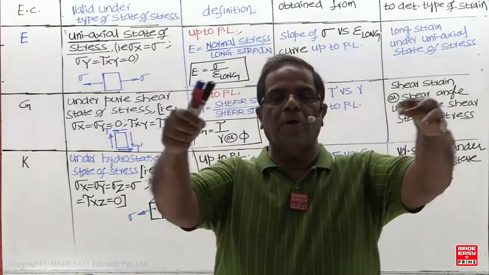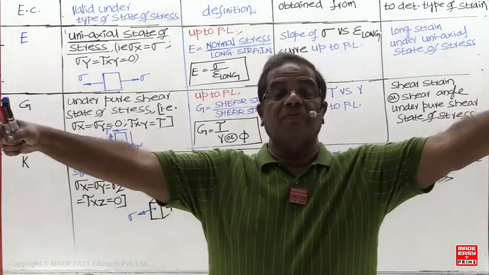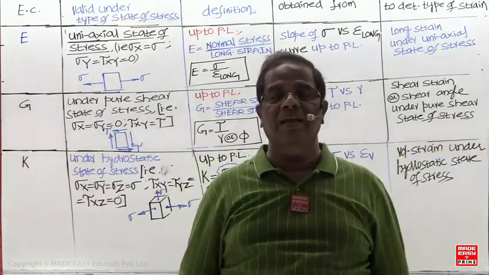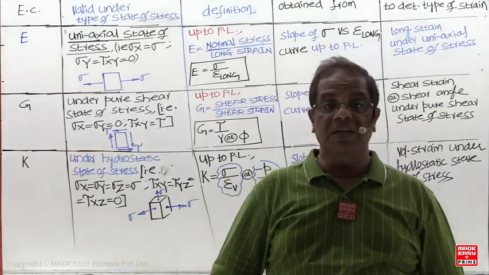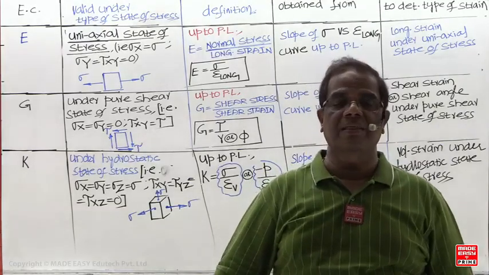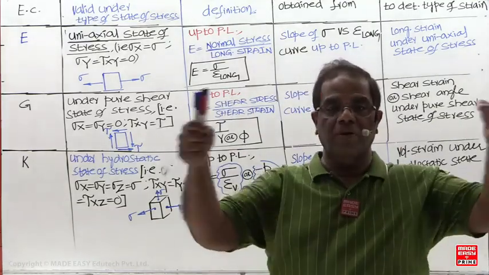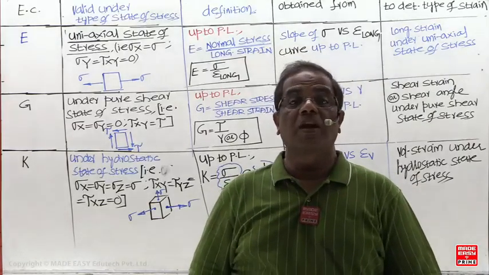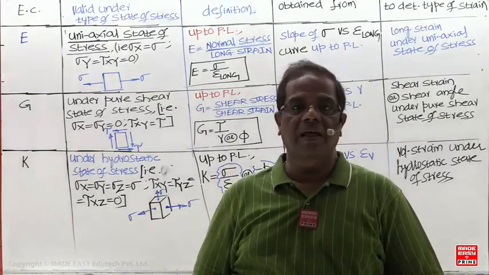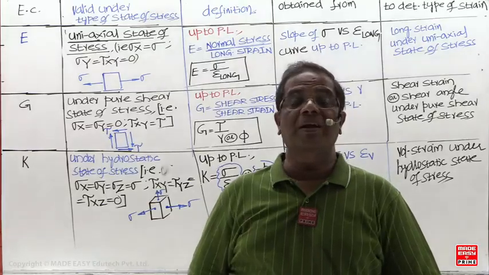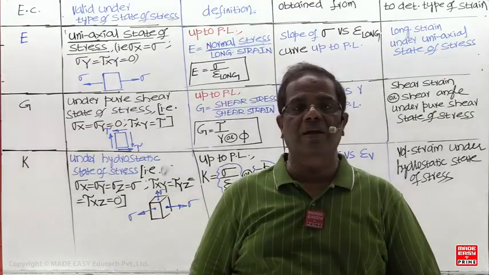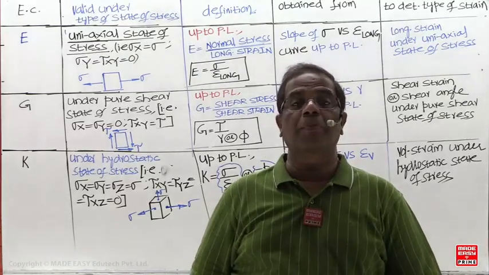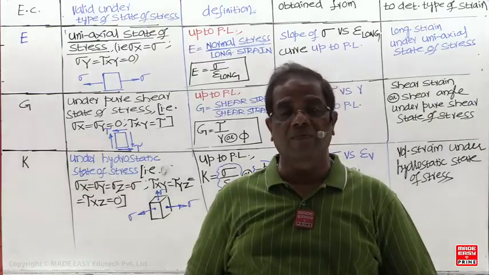When a bar is pulled, the length will increase, the diameter is going to decrease, and the volume is going to change. The volume is going to increase. You studied this on the first day. When a bar is pulled, volumetric strain is going to be tensile. So how to find the volumetric strain? They are going to say bulk modulus. When a bar is pulled under pure axial loading, bulk modulus is not valid.